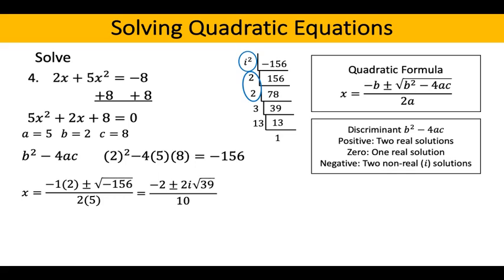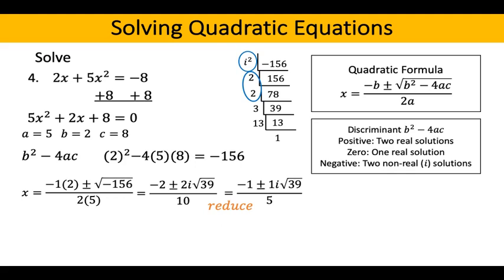So we have 2i, the square root of 39. At this step, notice that the negative 2, the 2 in front of the i square root of 39, and the 10 can all be divisible by 2. So we get negative 1 plus or minus 1i, the square root of 39, over 5.